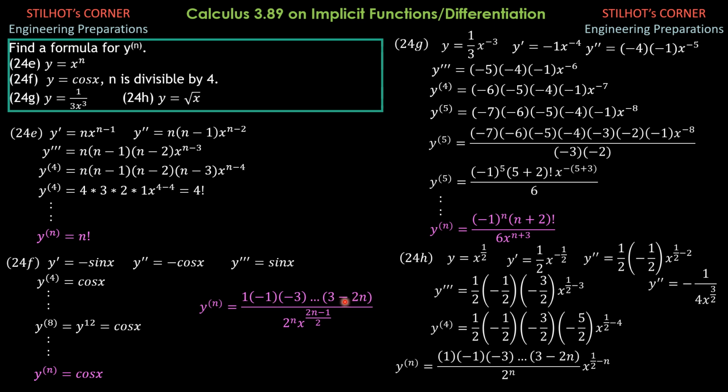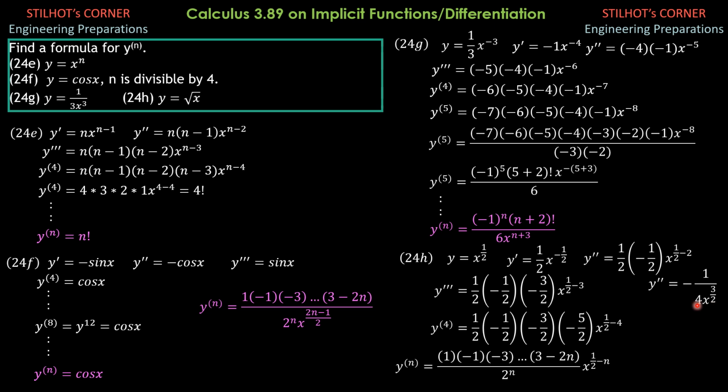So 3 minus 2 times 2 is negative 1. So that means we stop here. So the numerator is 1 times negative 1. Then the denominator is 2 squared. So negative 1 over 4. Then x to the 3 halves, because 2 times 2 minus 1 is 3 over 2. So negative 1 over 4x to the 3 halves, which checks here.